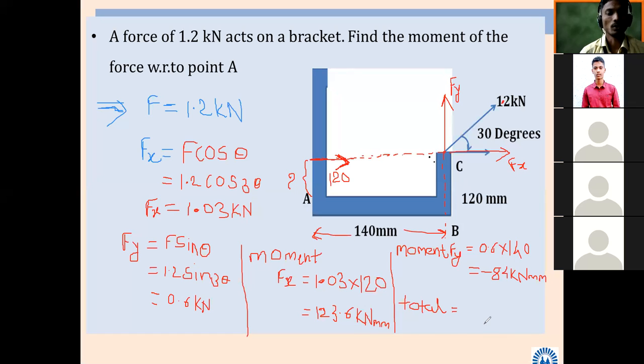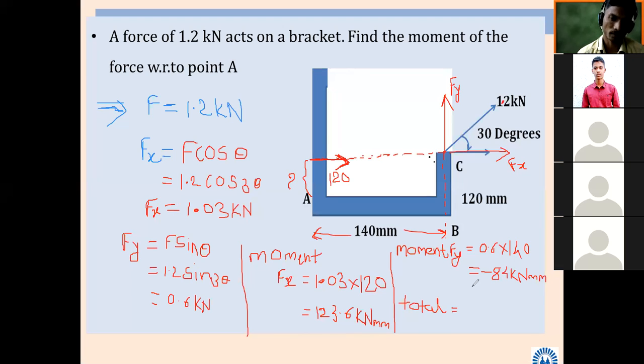What will be the final total moment due to this force 1.2 kilonewton? Just add these two.